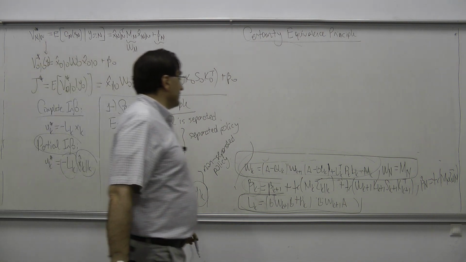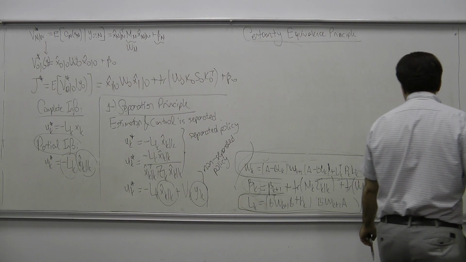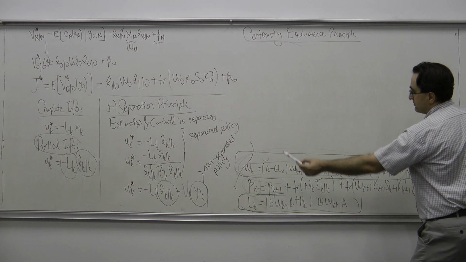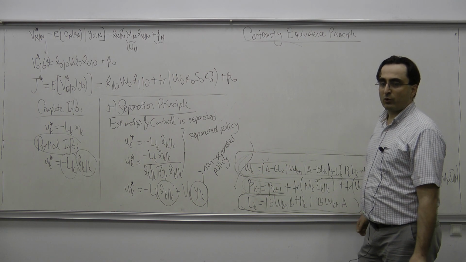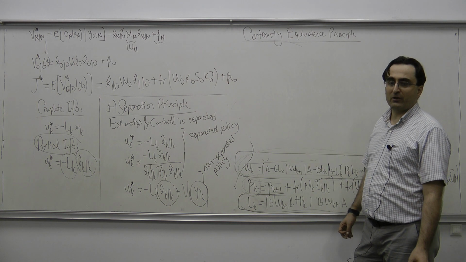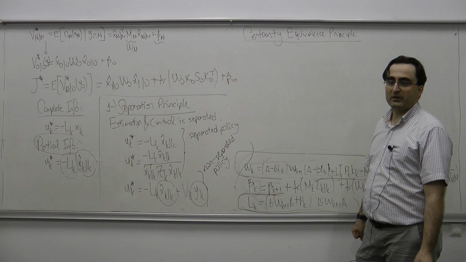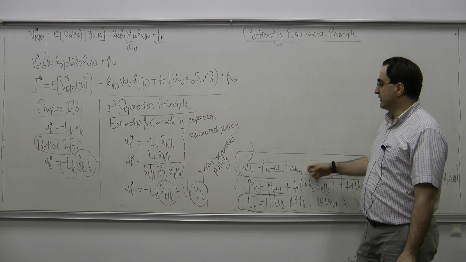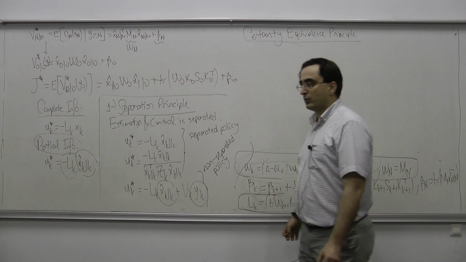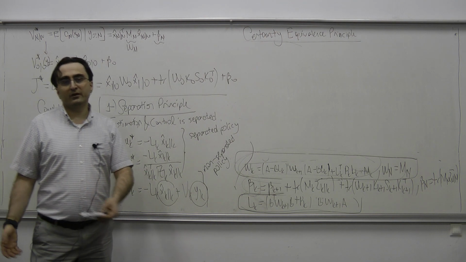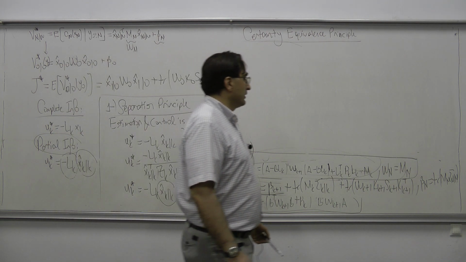And the final thing that I can say here is that because we had the same WK recursion as in the complete information case, and the same gain as in the complete information case, we can investigate the steady state controller in exactly the same way. Okay?